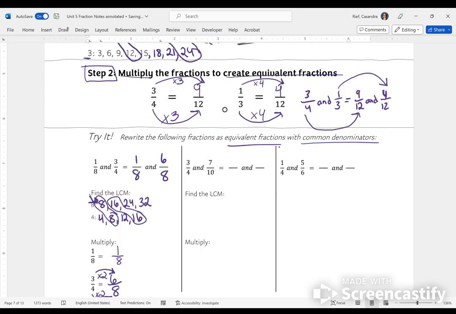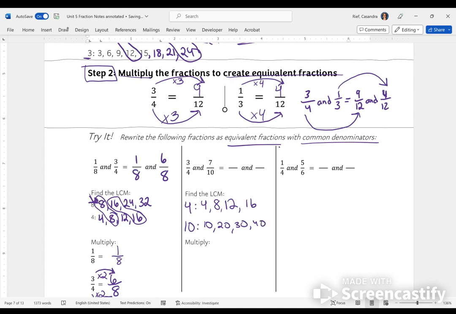We need to find equivalent fractions with common denominators for 3/4 and 7/10. Let's start by finding the least common multiple. We need to find the least common multiple of 4 and 10. I can list 4, 8, 12, 16, and I can list 10, 20, 30, 40.